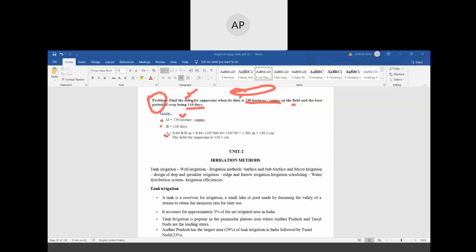What is the relation between delta and duty? Delta equal to 8.64 B divided by D, and the unit of delta is meter or centimeter.